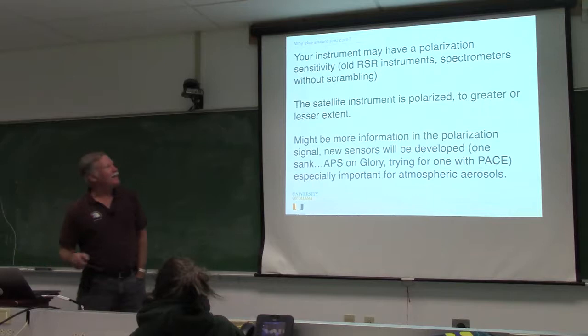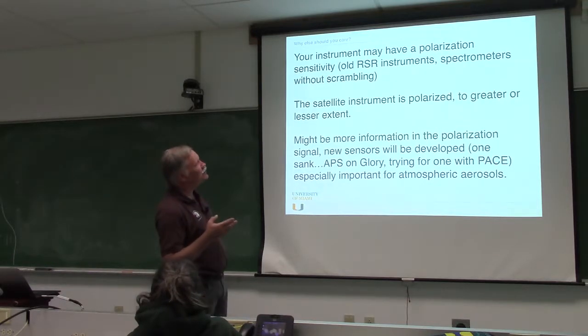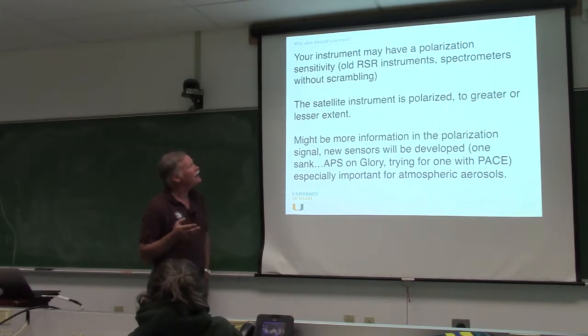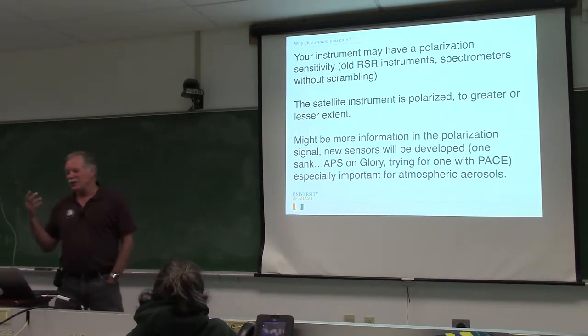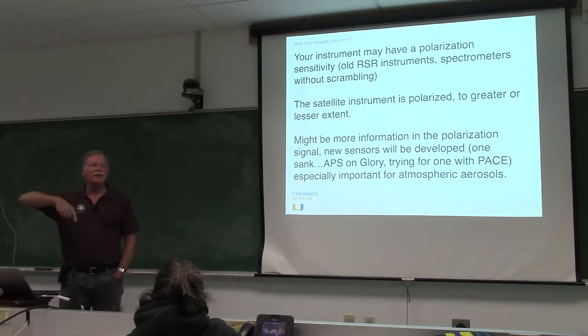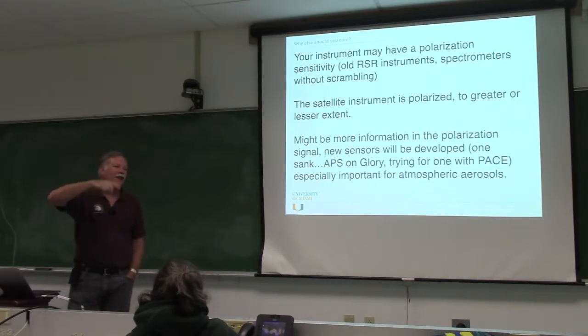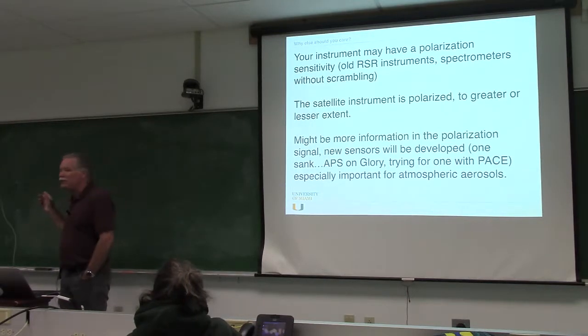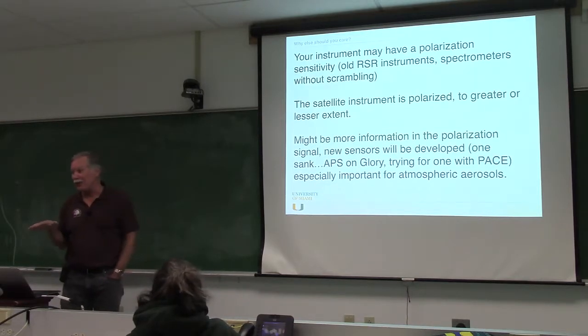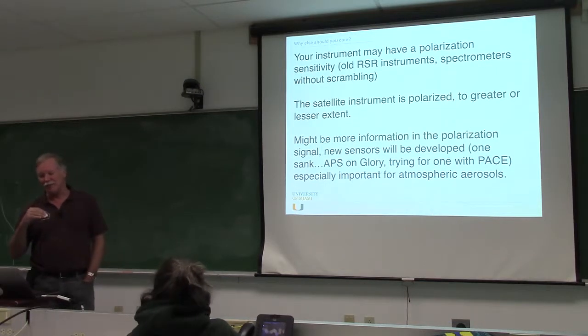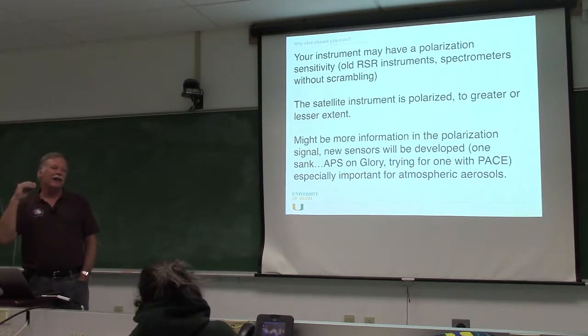Okay, the other thing is your instruments may have polarization sensitivity. Spectrometers always do if they don't have scrambling of some sort. Older remote sensing reflectance measurements from above the surface: you're looking at the surface, and light reflected off the surface is going to be really polarized. So if your instruments, the older ones, didn't pay attention to it, that's a problem.